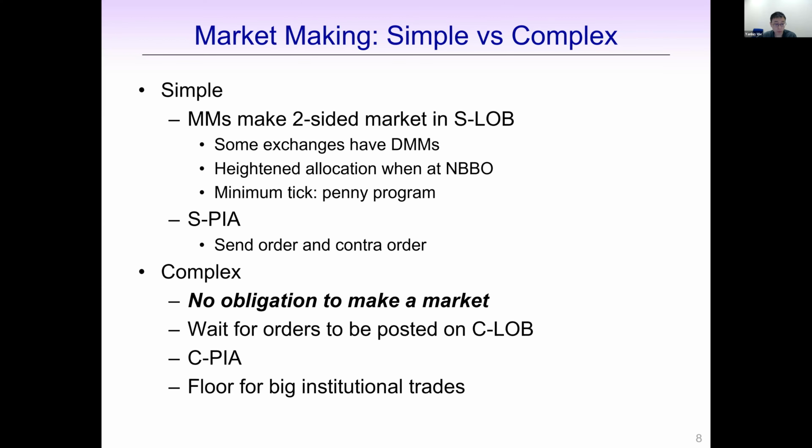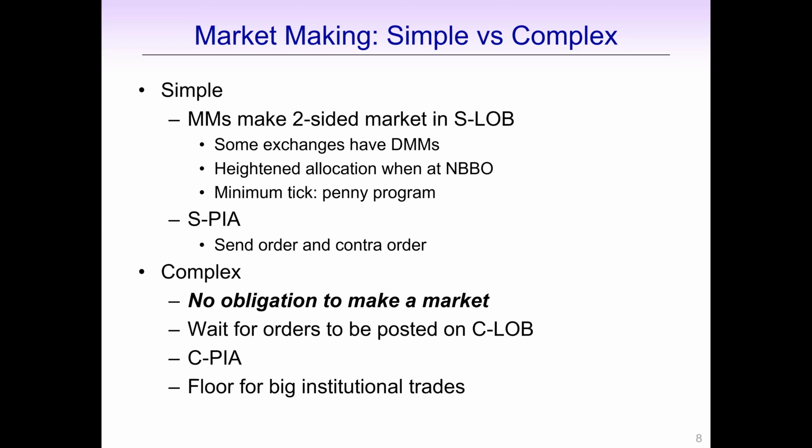It's a little more complicated than that, because orders in the complex limit order book can interact with the simple limit order book if they're marketable against it. But orders are sent to and executed on one protocol or another. Some people think that the complex price improvement auctions are used primarily to internalize trades, though that's not something we take up in this paper.